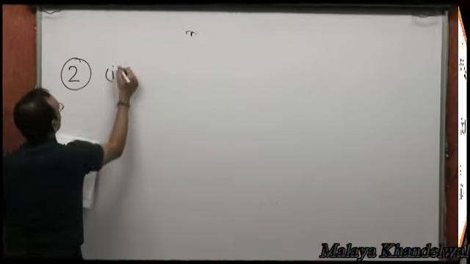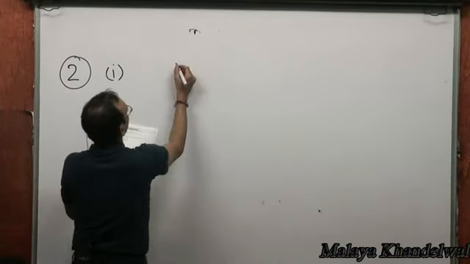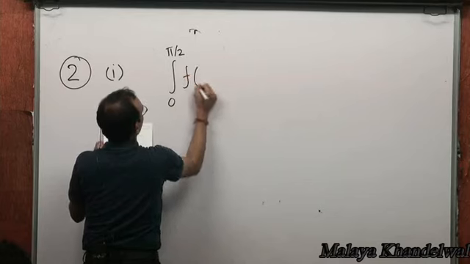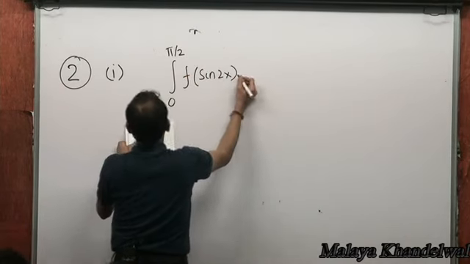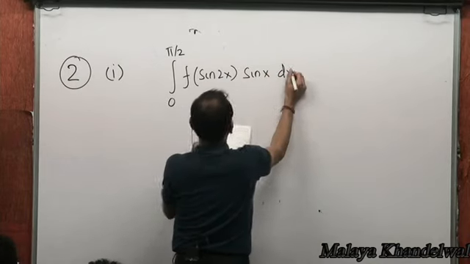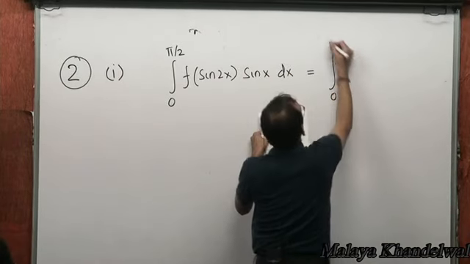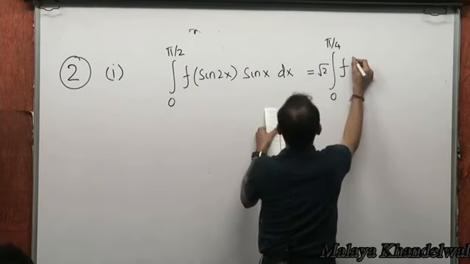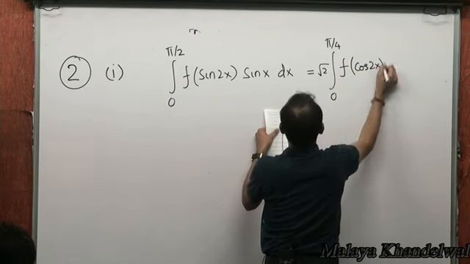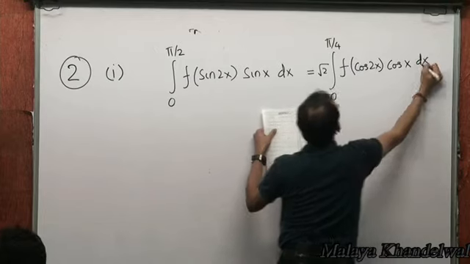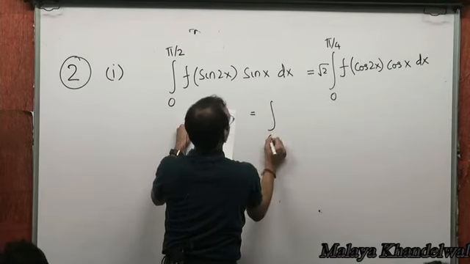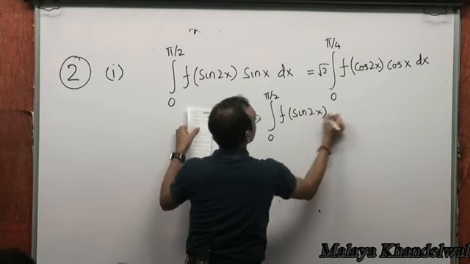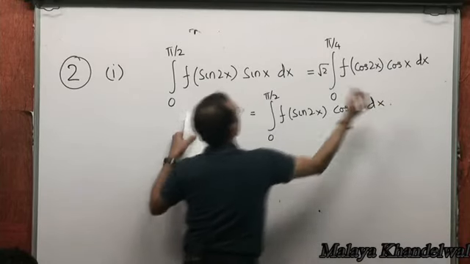Problem 2, part 1. We need to show the integral from 0 to pi by 2 of f of sine 2x sin x dx equals the integral from 0 to pi by 4 of root 2 times f of cos 2x cos x dx, and the integral from 0 to pi by 2 of f of sine 2x cos x dx, right?